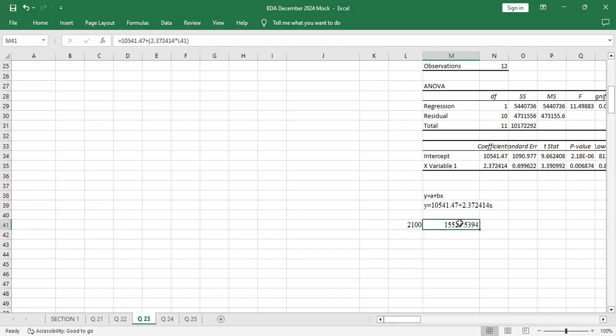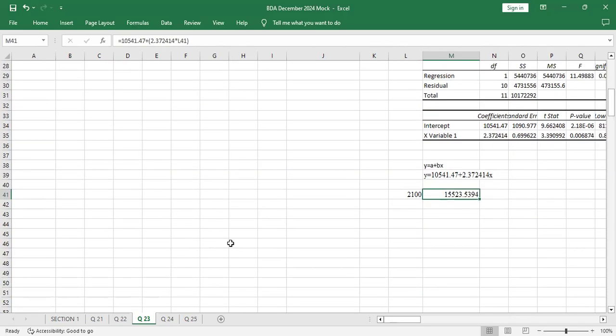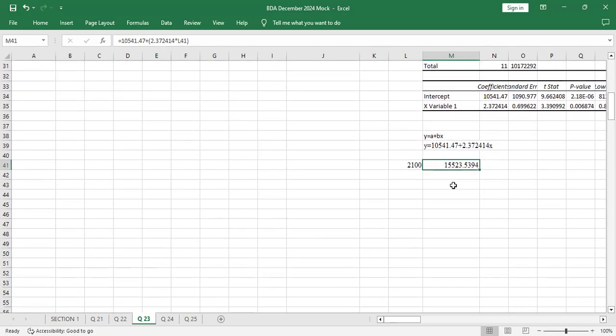So the correct answer is that the admission cost now will be 15,523.59. So admission cost when we have 2,100 patients is just finding the value of y after you have the equation.